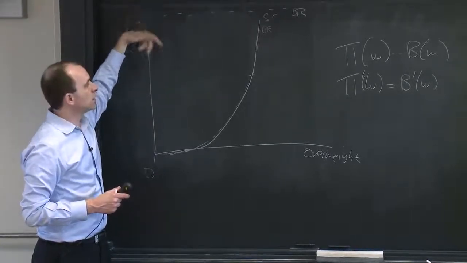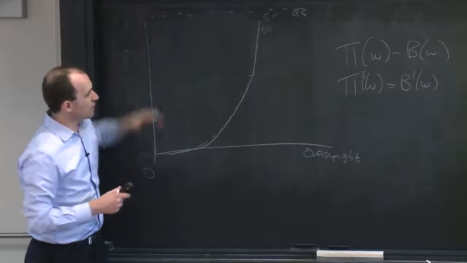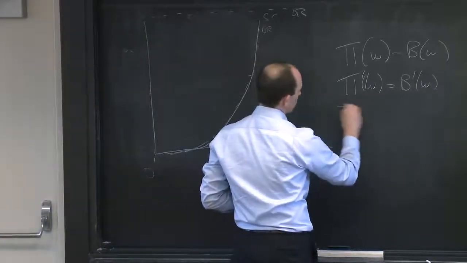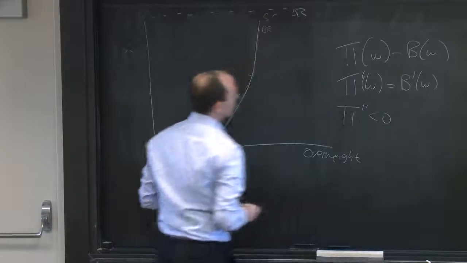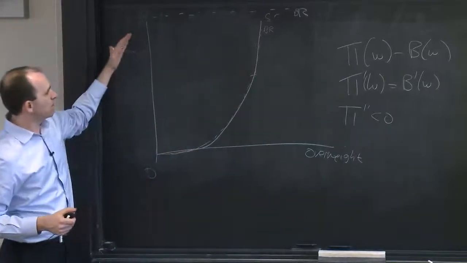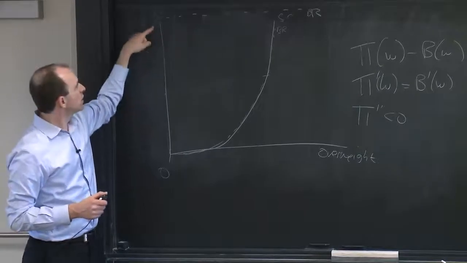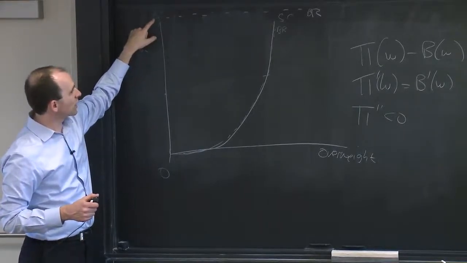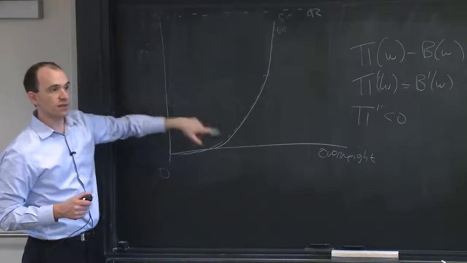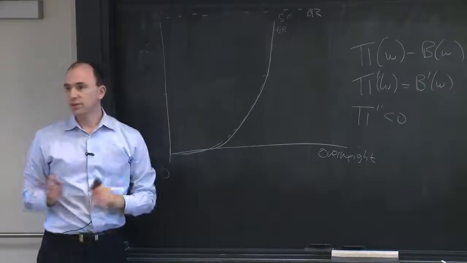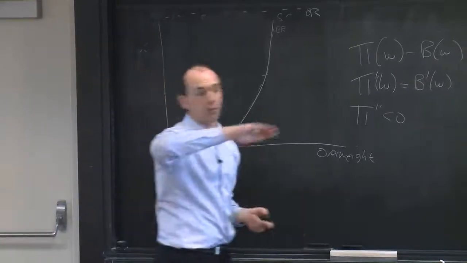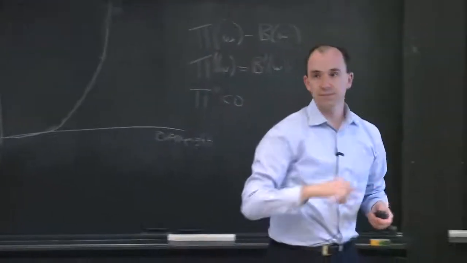So if we imagine that we're in a world like this, where pi prime is less than 0, then we have concave returns of adding more weight. Then in this case, we're going to have more overweight trucks than in this case. Is that clear? So the key is the slope, not the level. Okay.